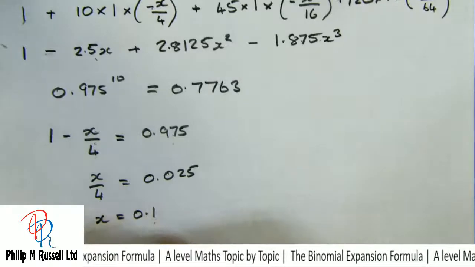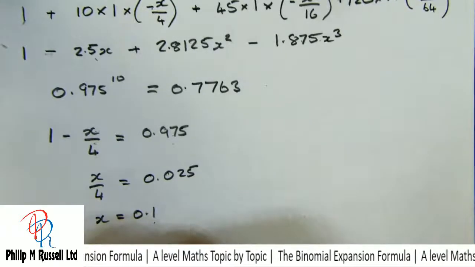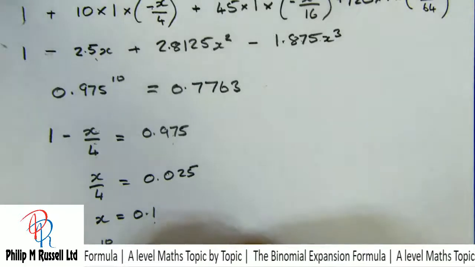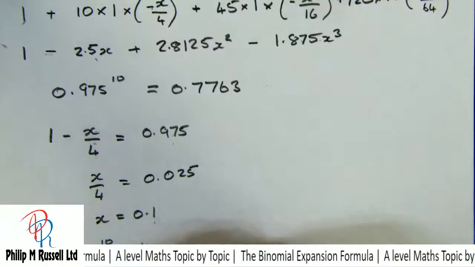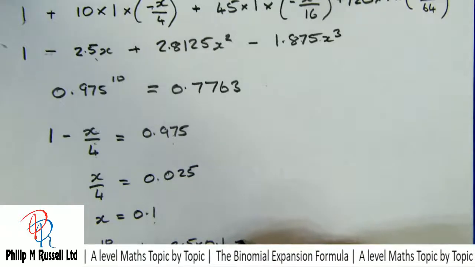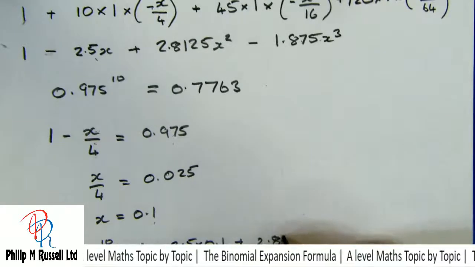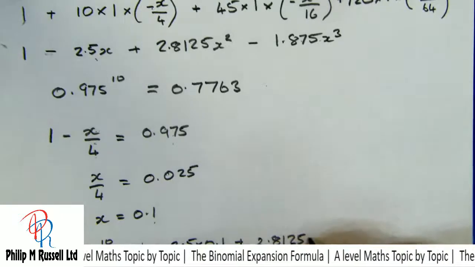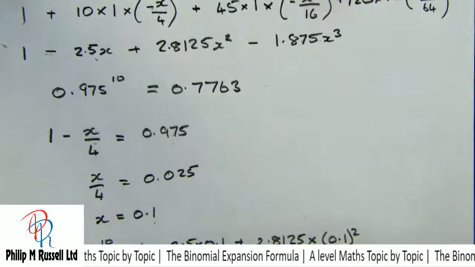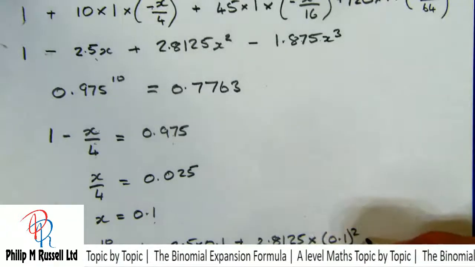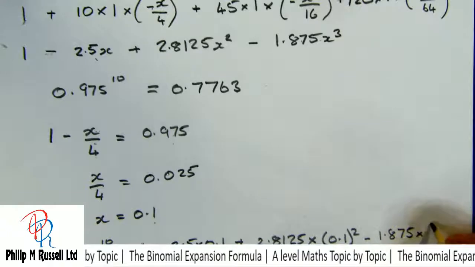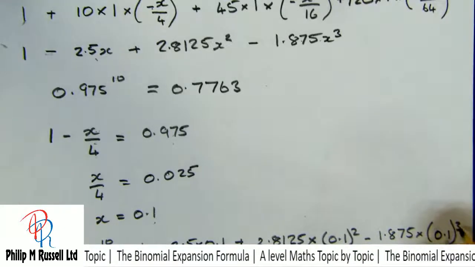So 0.975 to the 10 could be the same as my binomial expansion, which is going to be 1 minus 2.5 times 0.1 plus 2.8125 times 0.1 squared minus 1.875 times 0.1 cubed.